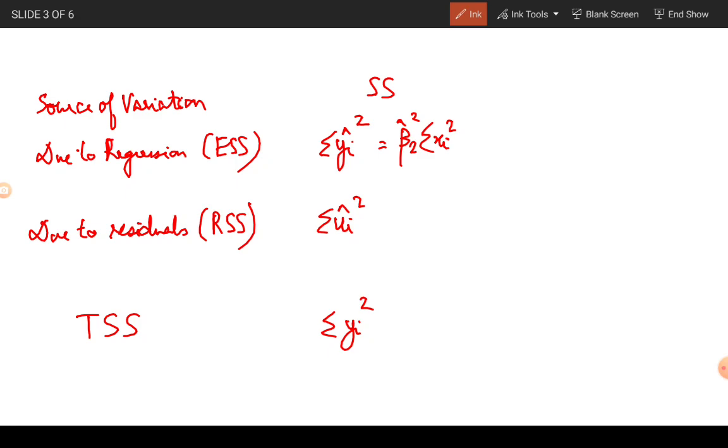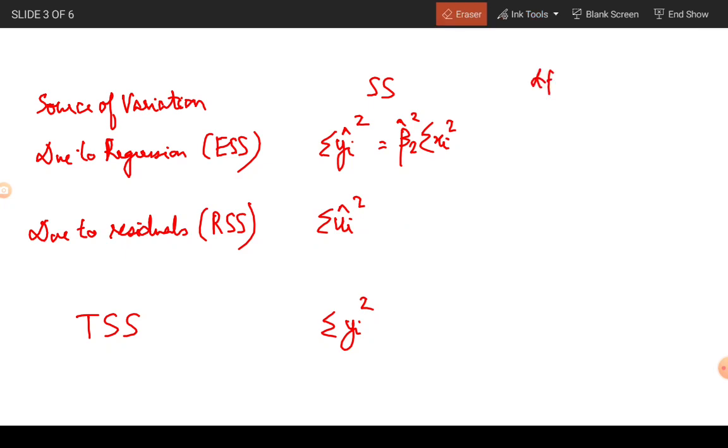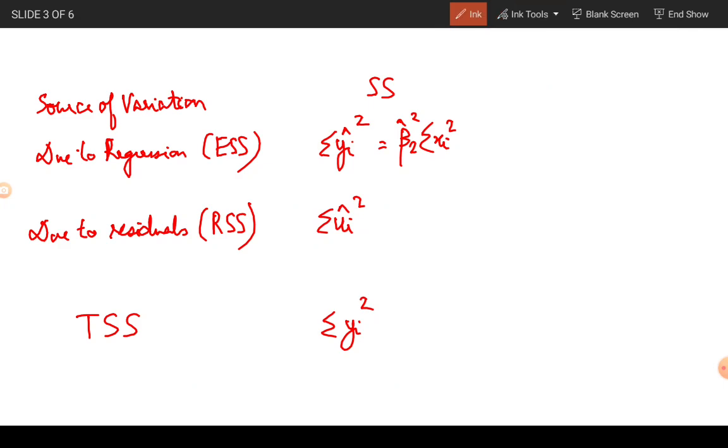Now, the total sum of squares, like I said earlier. Associated with each sum of squares is a degree of freedom. The degree of freedom is the number of independent observations on which the sum of squares is based, right?